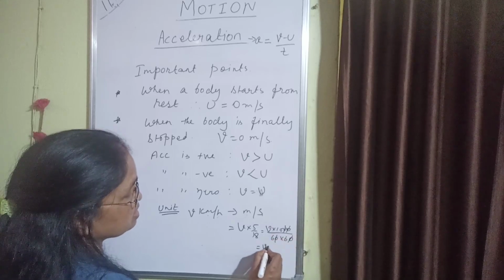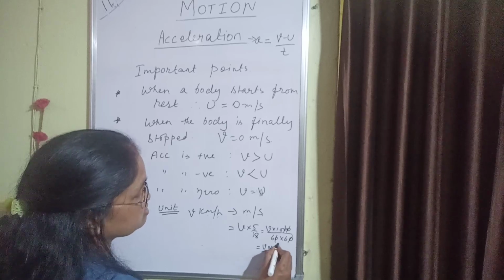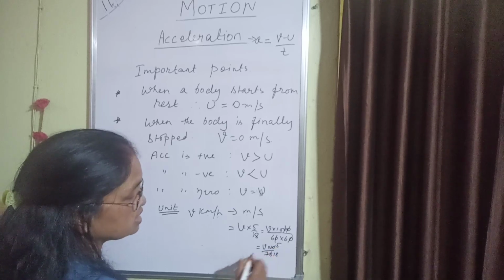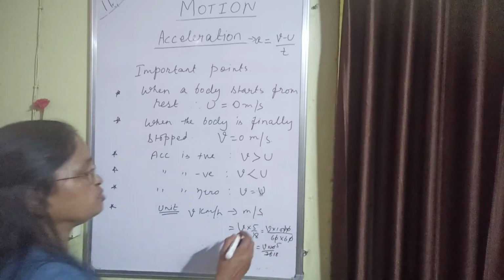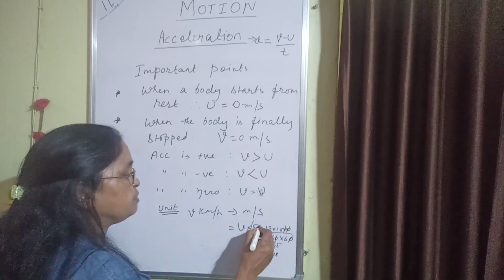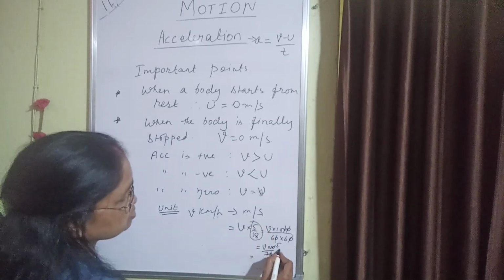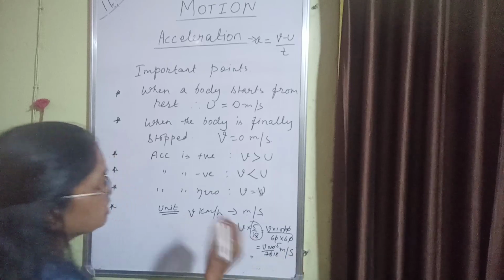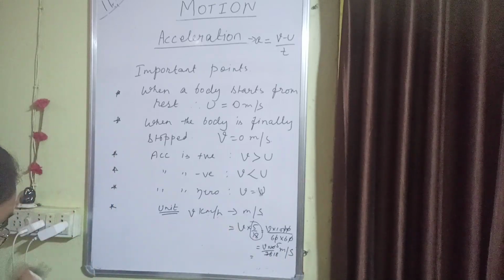That is V into 10 by 36, since 2 fives are 10 and 2 eighteens are 36. So students, no need to do so much. Directly multiply by 5 by 18. It will change into meter per second, so you change it into SI unit.